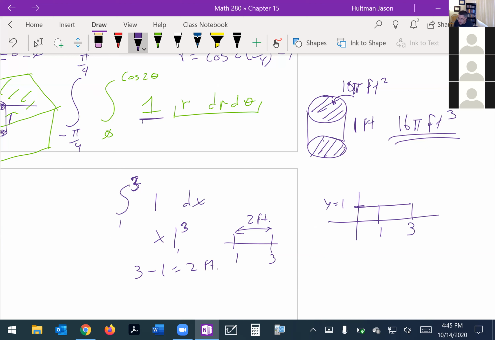How do I find the area between 1 and 3 under the line y equals 1? Isn't that just 2 times 1? Isn't it just 3 minus 1, which is 2? And 2 times 1 is 2. So this would be 2 square feet. The area is 2 square feet. The linear distance is 2 feet. It's the same analogy. Okay.